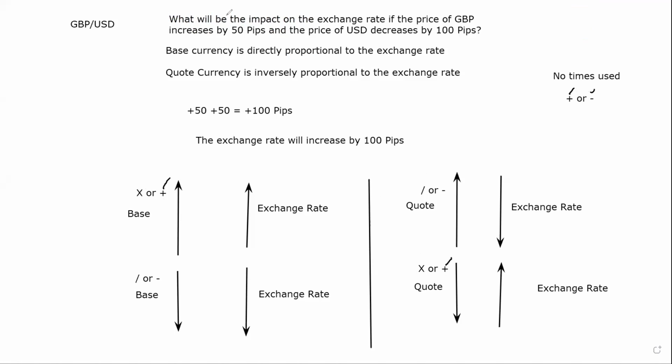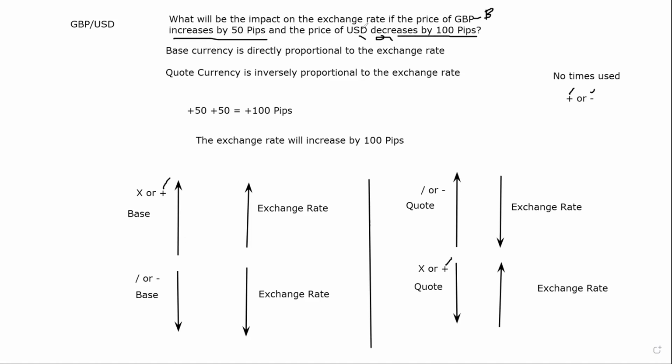It says, what will be the impact on the exchange rate of GBP USD if the price of GBP increased by 50 pips. GBP is the base and this one is the quote. So the price increased by 50 pips for the base asset and the price decreases by 100 pips for the quote asset. The base asset is increasing, so we're going to use plus.